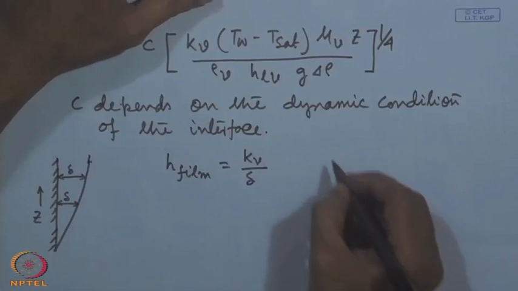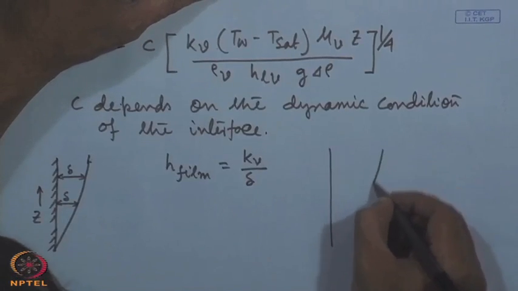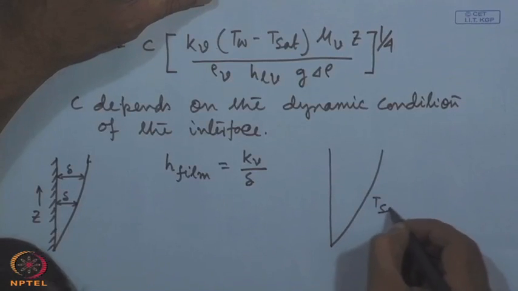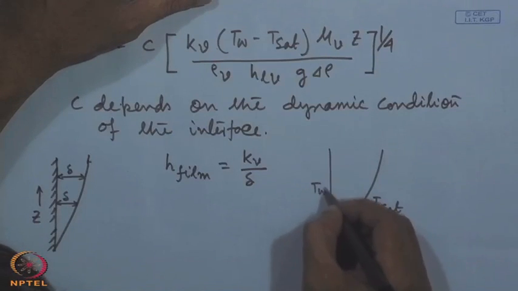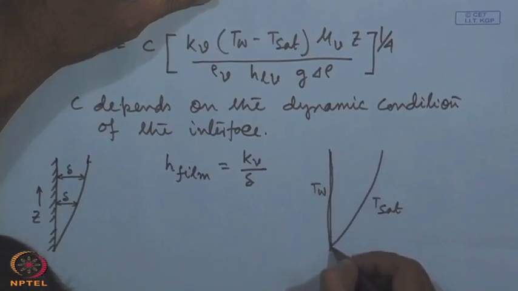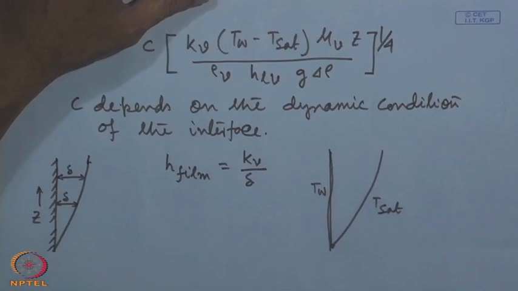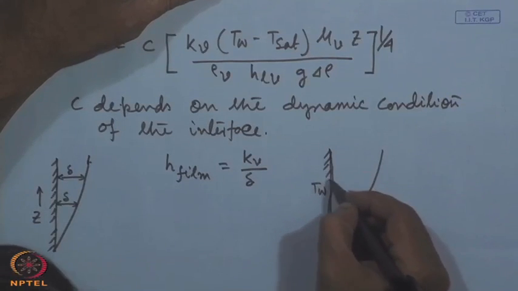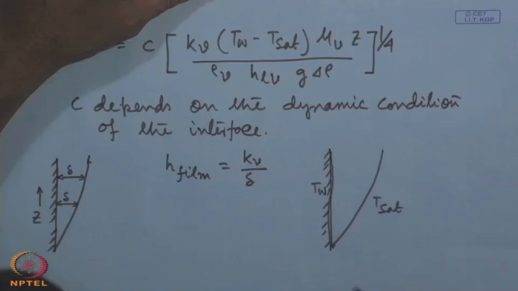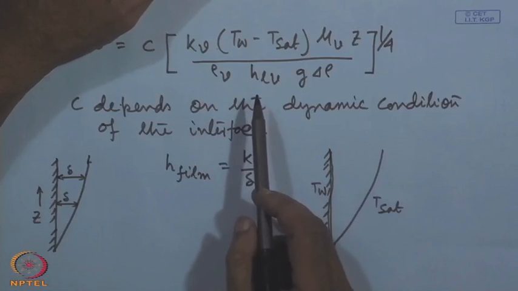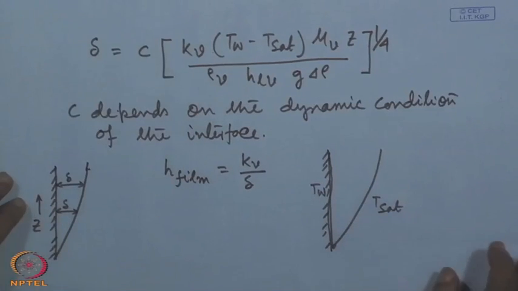Another modification is that, as this is the saturation temperature and this is the wall temperature, there could be some superheating of the vapor, and this superheat can be taken care of by modifying the latent heat of vaporization.